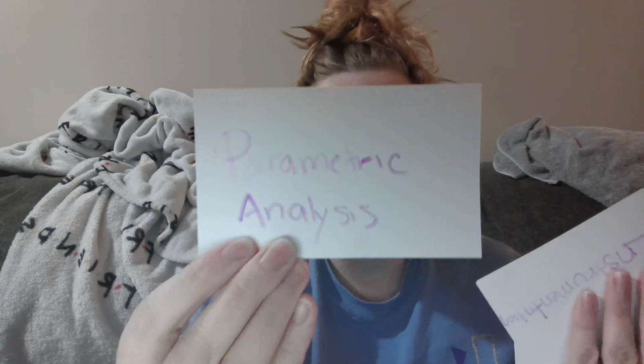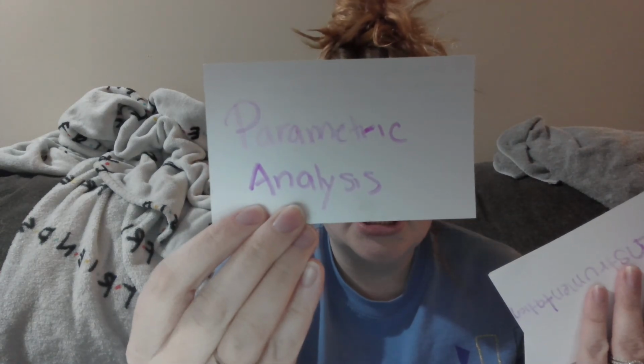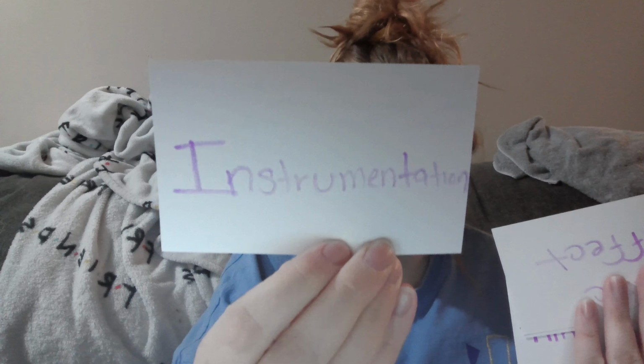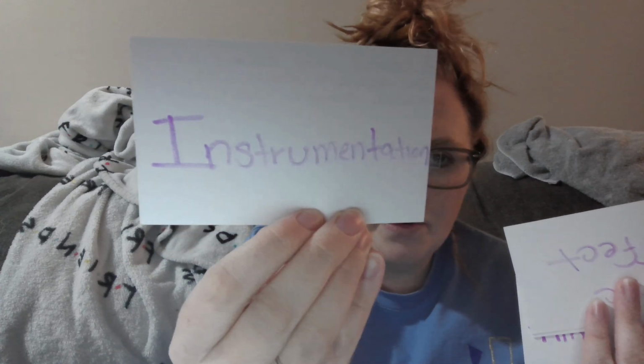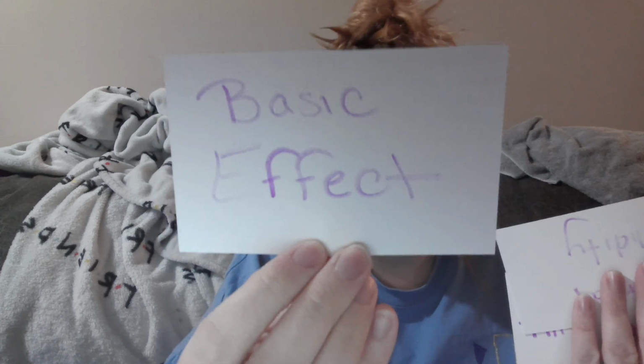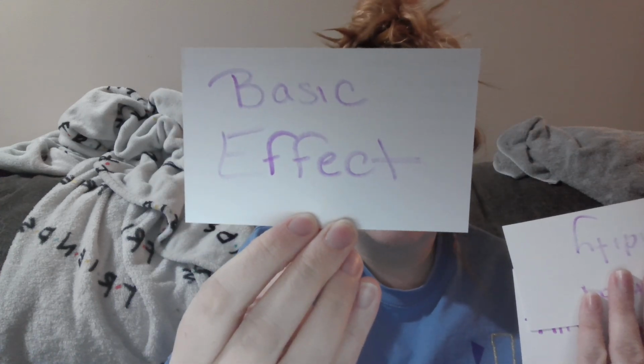Parametric analysis allows for examination. That's the parametric analysis. We have a change that occurred in how the dependent variable was recorded as instrumentation. Demonstrated when predicted change in the dependent variable occurs as a basic effect.